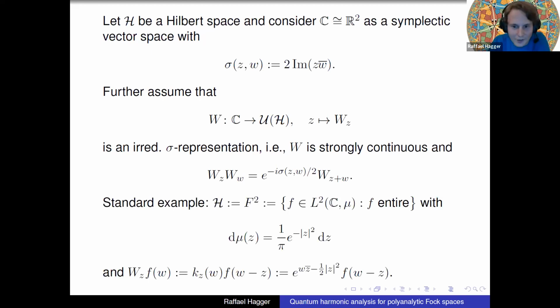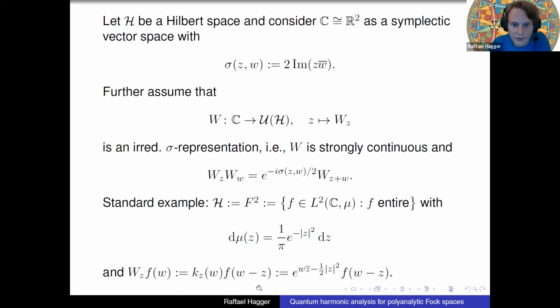But okay, so right, the standard example is, as I said, the Fock space. That's the square integrable functions with respect to this Gaussian measure, so the entire functions in there. That's the Hilbert space, of course, as you all know. And there you can write down this representation very easily. These are usually called the Weyl operators.